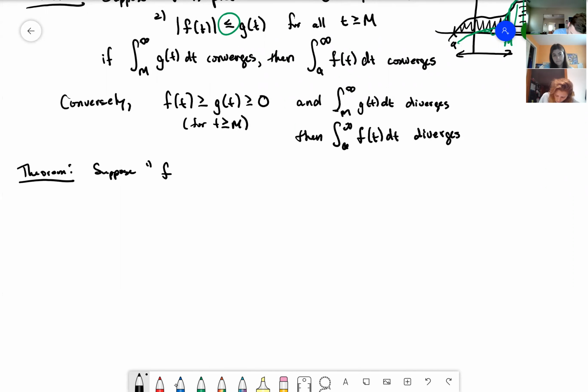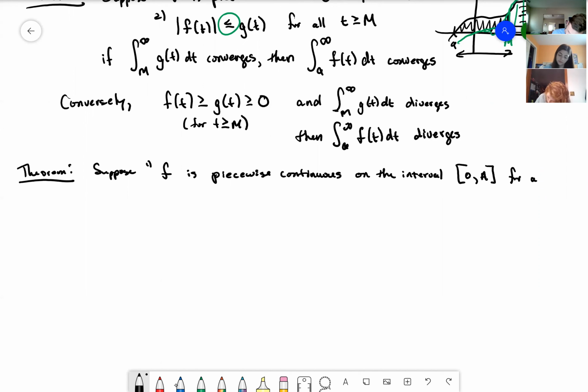Suppose f is piecewise continuous on the interval 0 up to a, for arbitrarily large a.